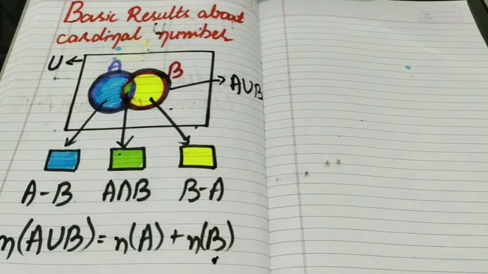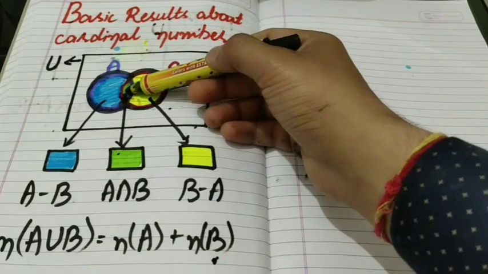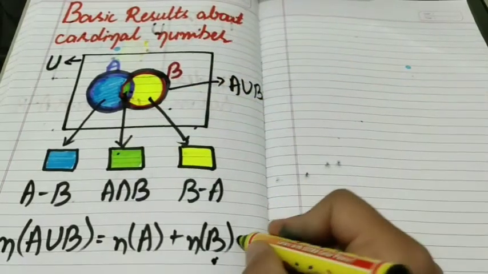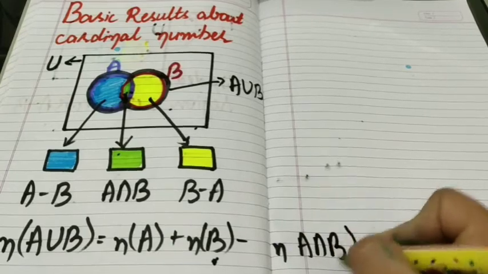But we know that in a set, elements are written only once. That's why we have to subtract the repeated number, which is the cardinal number of A intersection B.